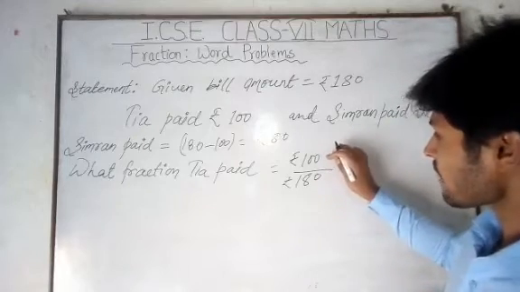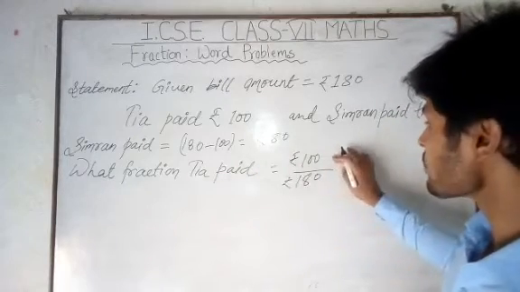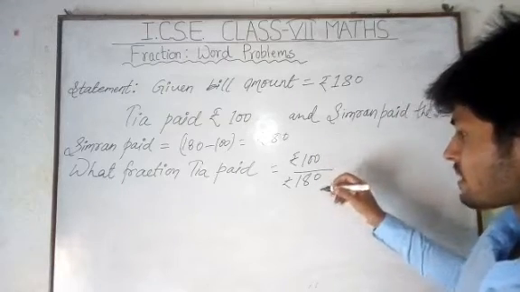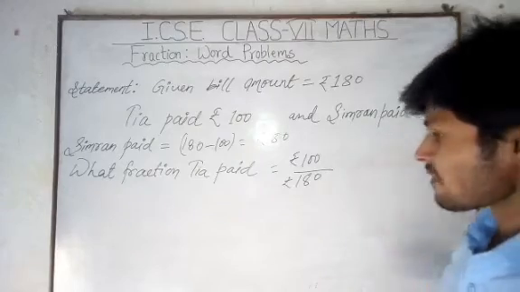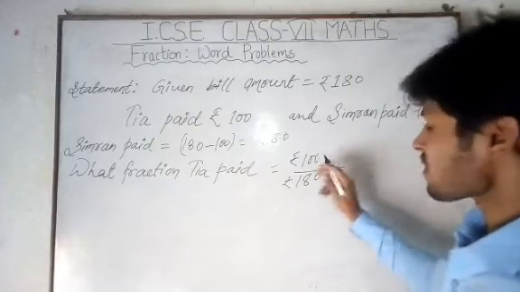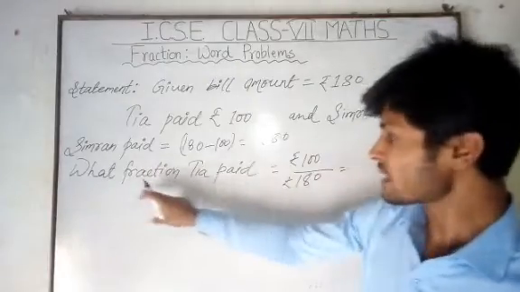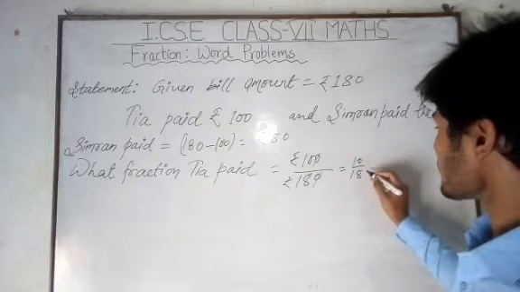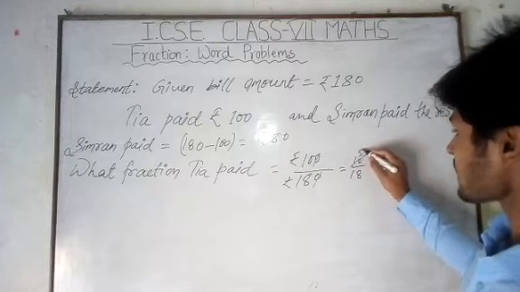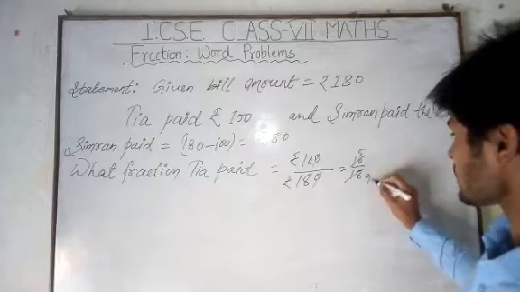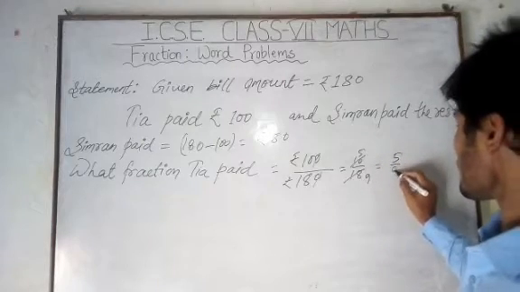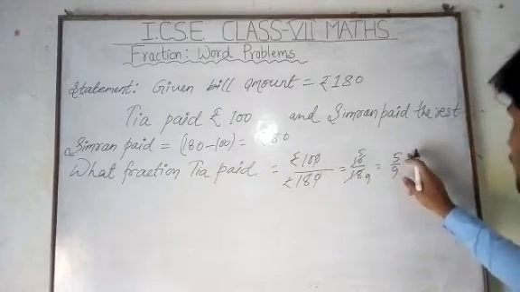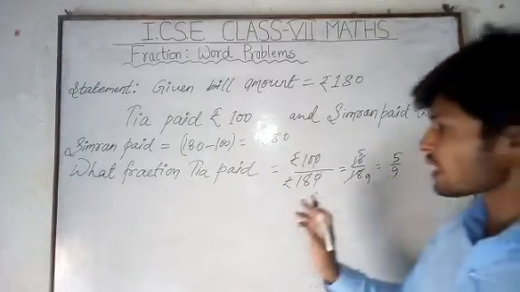So we take 100, which is paid by Tia, as numerator, and 180, the total bill, as denominator, and divide, that means we represent it as a fraction, and the simplest form gives what fraction Tia paid. So here the 0 is cancelled, 10 by 18, and if we divide by 2 we get 5 by 9. So 5 by 9 is the fraction that Tia paid. So Tia actually paid 5 by 9 of the total bill.